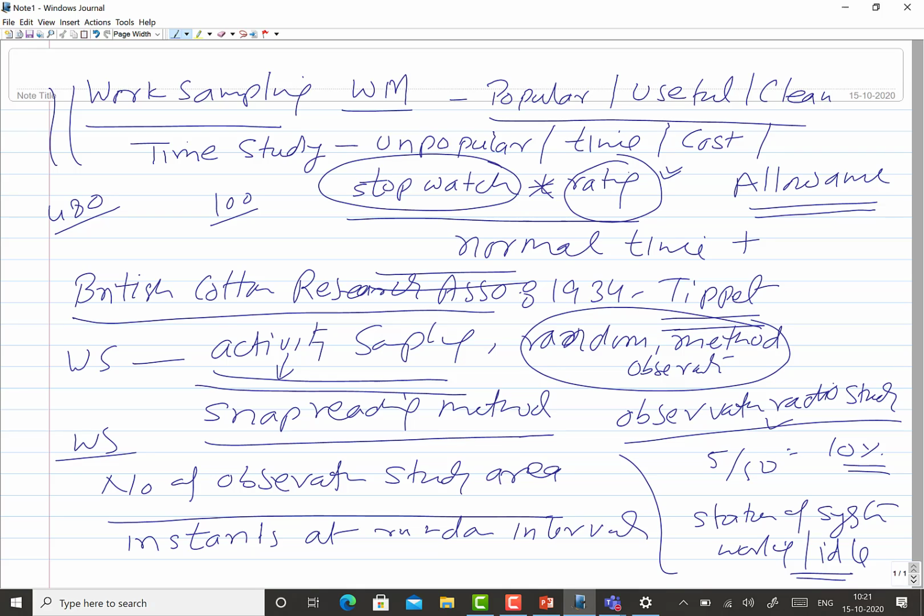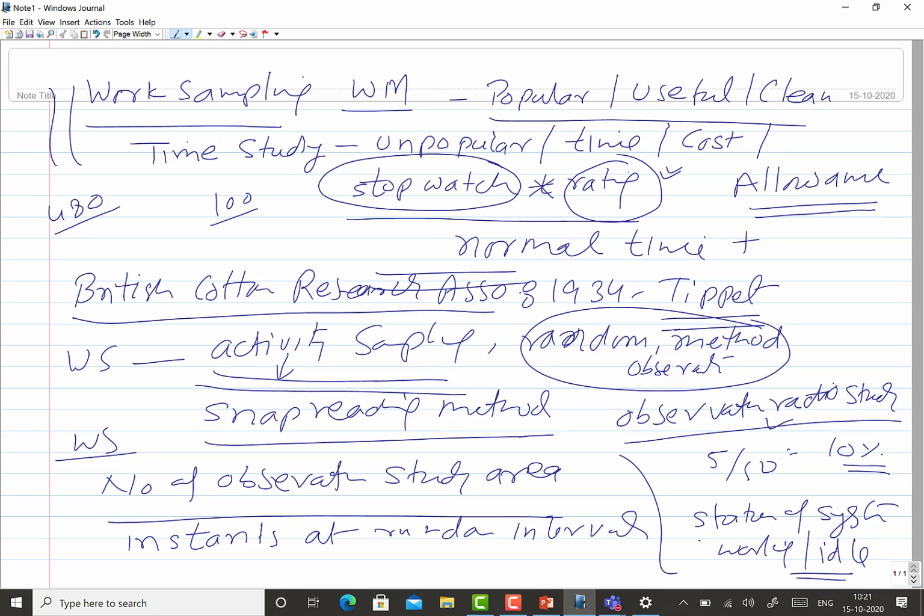At a particular observation, what is the status of the system being observed, which can be the working of the operator, the working of the machine, the movement, or any other aspect as per the interest of the study.